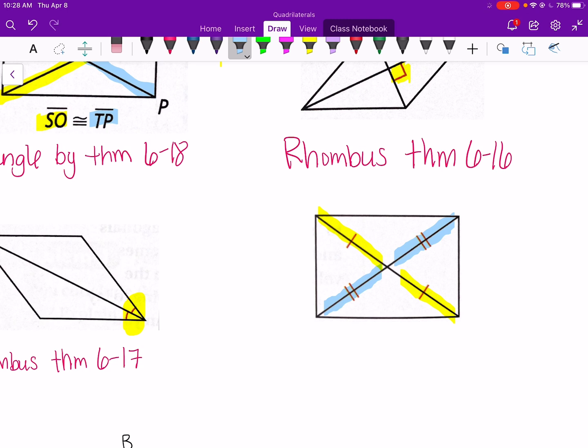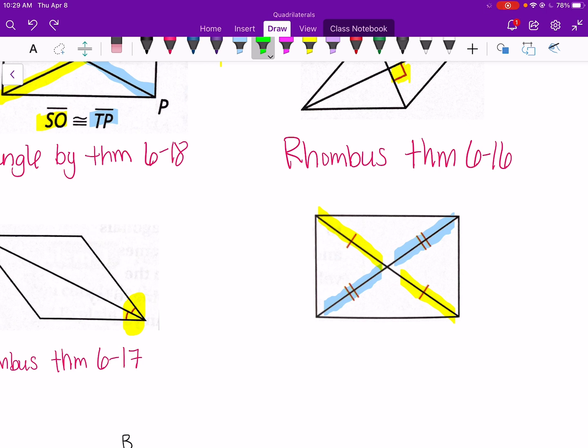From this picture, we can tell that the diagonals bisect each other because it looks like they're cut in half, since the two yellow segments are congruent and the two blue segments are congruent. But we cannot tell if the whole diagonals are congruent. We cannot say that.